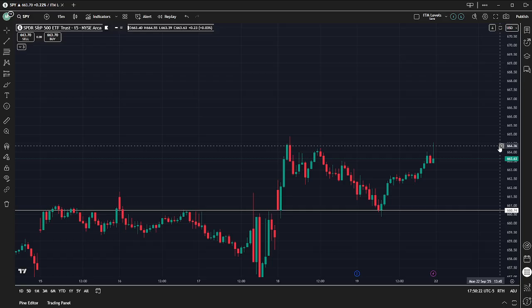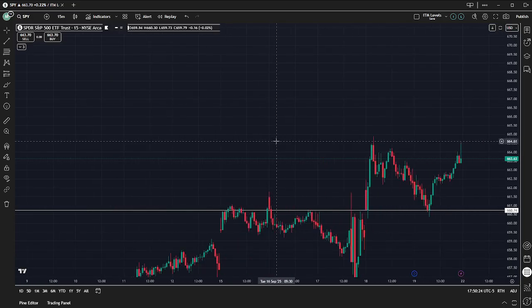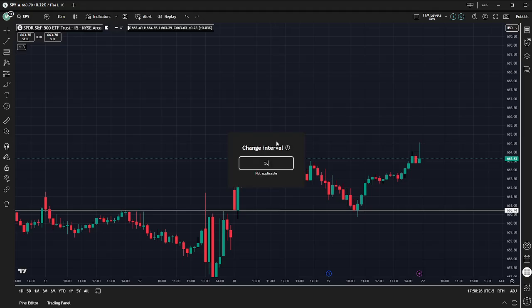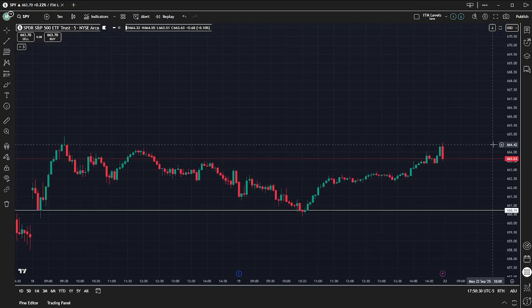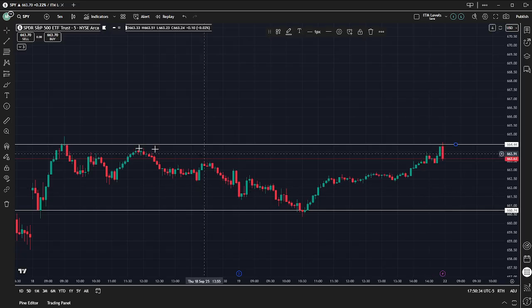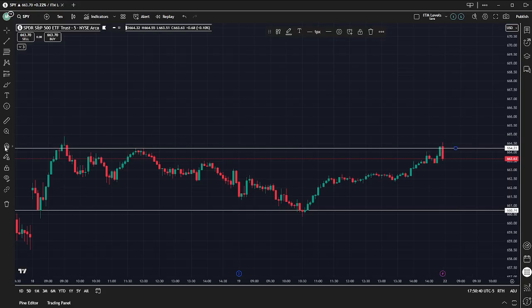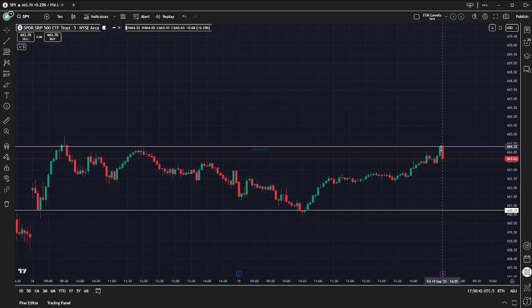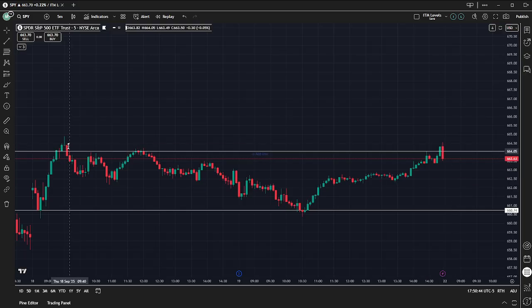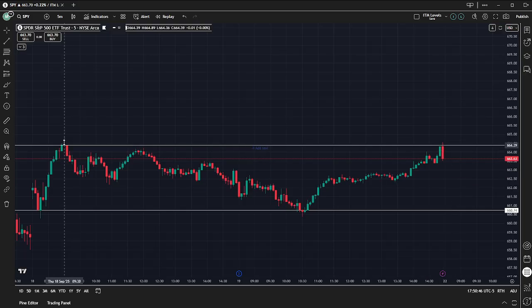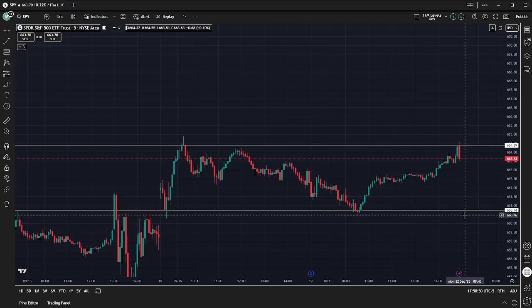for the upside. Since we're at all-time highs right here, I'm just going to go to the 5-minute chart real quick, just to see what was the highest 5-minute candle, which looks like it was this one right here. $664.39.